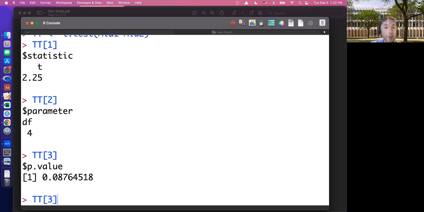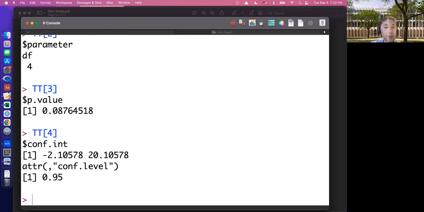The third object is the p-value. The fourth object is the confidence interval, which is a set of 2 sub-objects. First is the confidence interval, a vector with 2 numbers, and the second is a vector of 1 number, the confidence level.